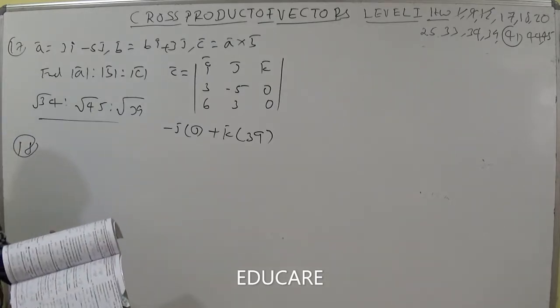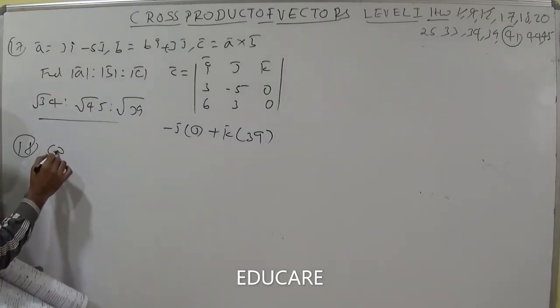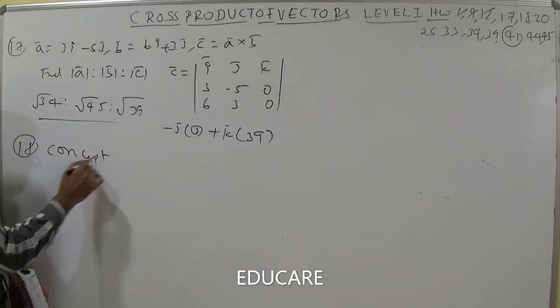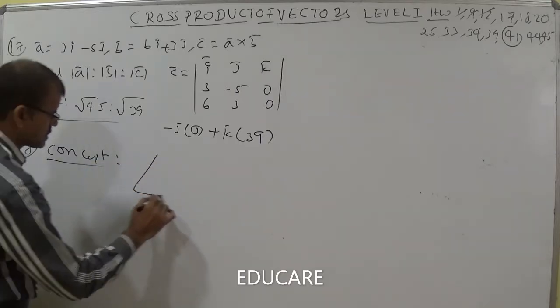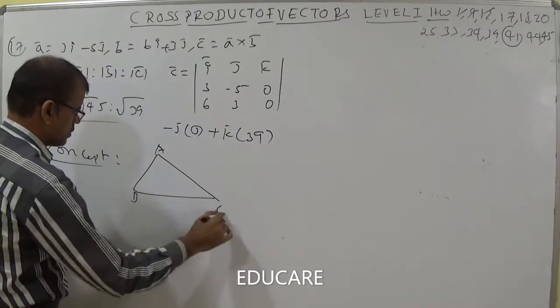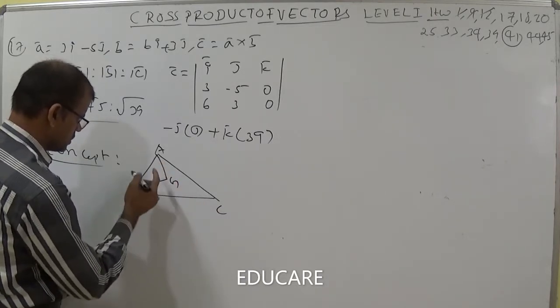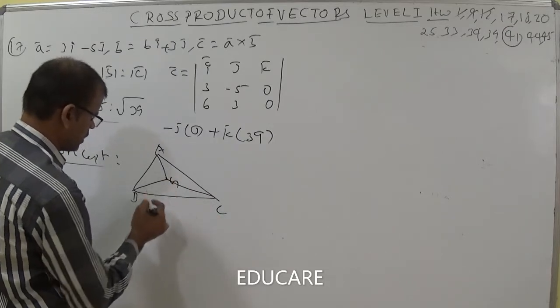18th one: G is the centroid of triangle PQR. Here I am writing the concept we discussed in straight lines. In triangle ABC, this is G, with triangle GAB, triangle GBC, and triangle GAC.